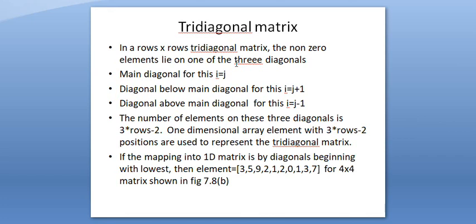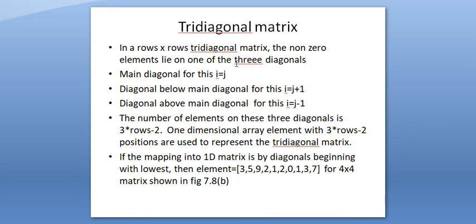Suppose you're working with a 4 by 4 matrix. The total number of non-zero elements will be the main diagonal elements, the diagonal above main, and the diagonal below main. Altogether it is 4 in the diagonal, 3 above, 3 below.